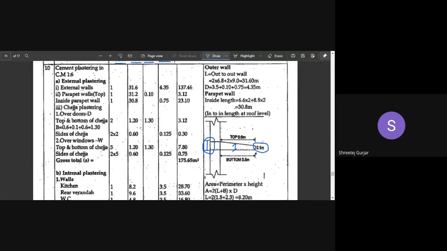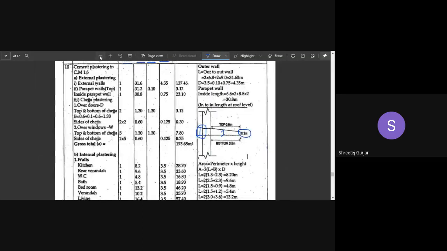But we are still halfway around the problem. Let me scroll down and show you how much is still left. This is the cement plastering work we have to calculate for your external walls, and then your internal plastering.